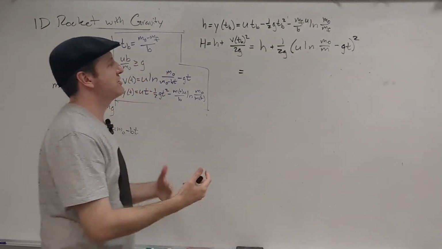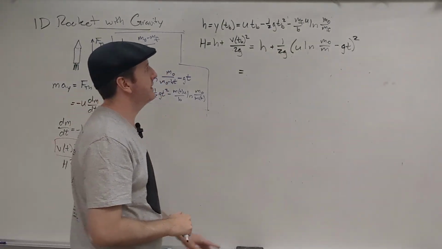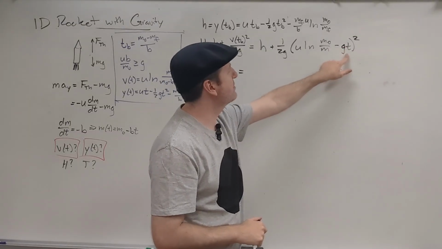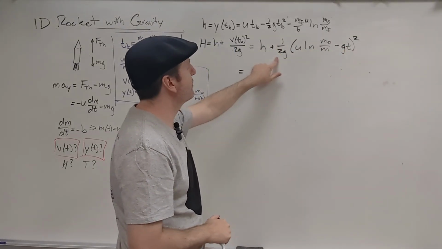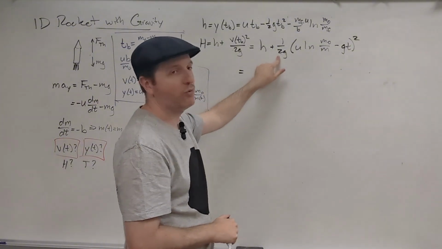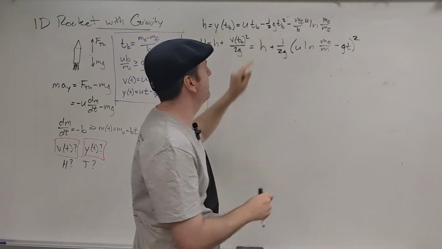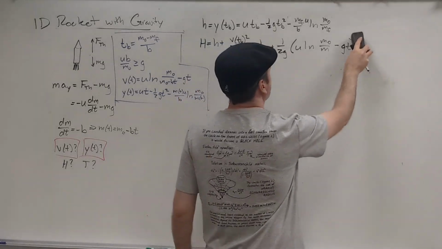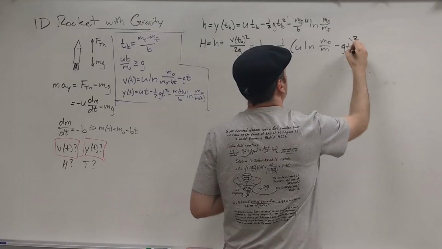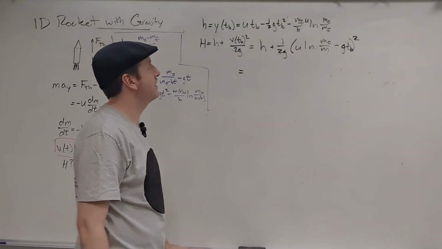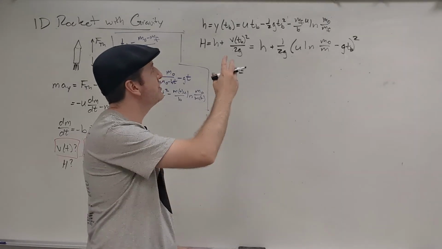Squaring this out does actually have a few simplifying things, because, for example, when I square this, I'm going to get a g squared t squared over 2g. That's a positive 1/2 g t squared, which will exactly cancel, oh, sorry, this t is t burnout. That'll exactly cancel the 1/2 g t burnout squared that I have in the original bit.